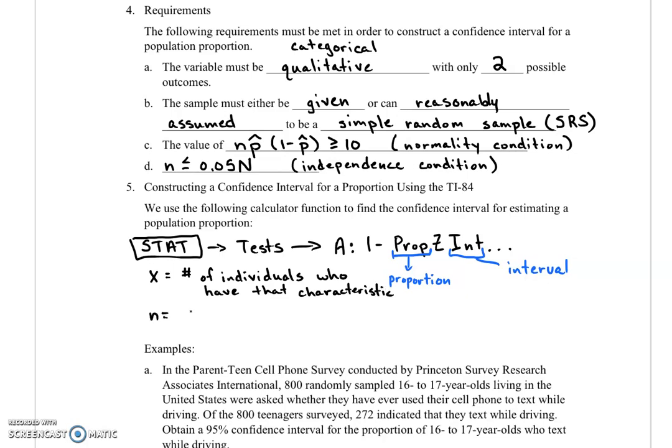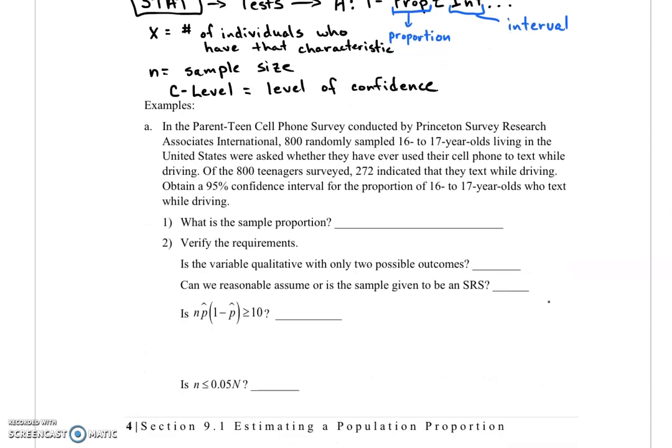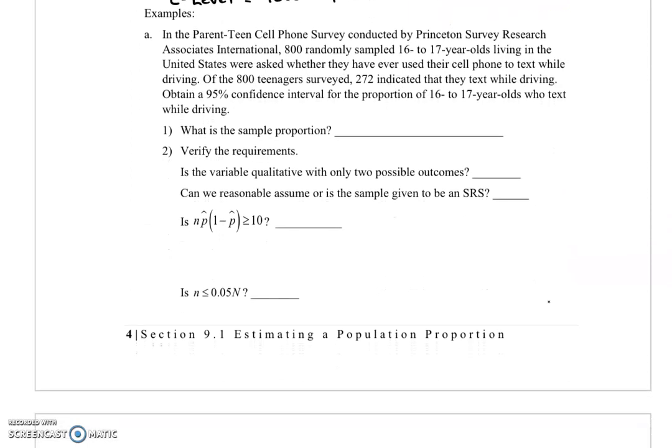It takes n, which is the sample size, and it takes something called C-level, which is our level of confidence. So let's see an example and how we use it.